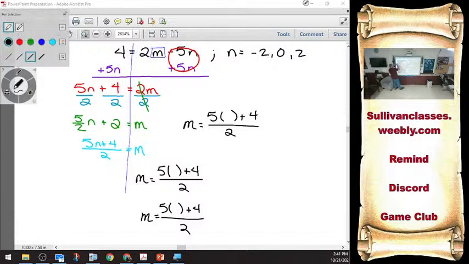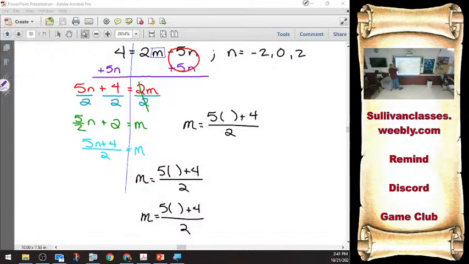I've got to plug in those numbers 3 different times. Plug in a -2, plug in a 0, plug in a 2. What's 5 times -2? Plus 4. Oh. Wow. It's like, do math right!